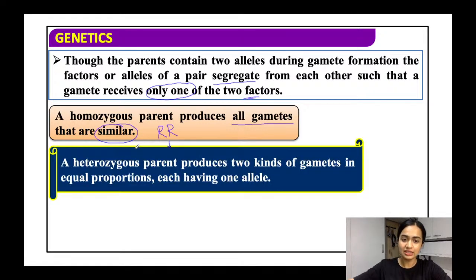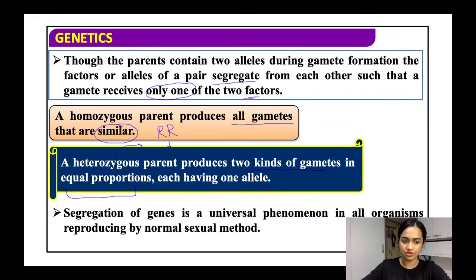A heterozygous parent will have two kinds of gametes, because heterozygous itself means it contains different traits. These gametes are produced in equal proportion, each having one allele. We'll look into it in detail.